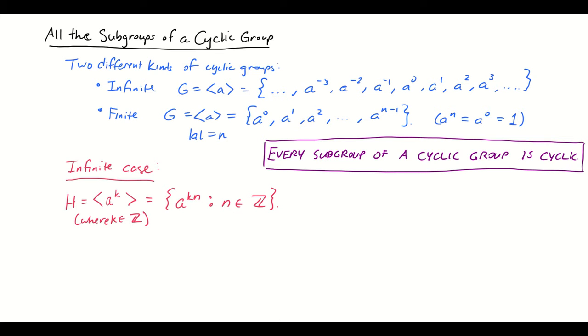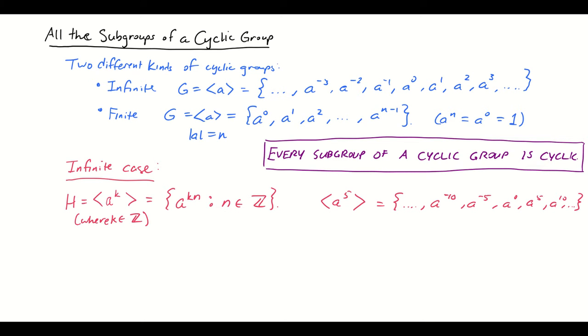And mostly these are different. The only time when these might be the same is if, for example, I take the subgroup generated by, say, A to the 5th, and I'm just picking the number 5 as an example. Well, that would be the subgroup consisting of all powers of A where the exponent's a multiple of 5. So I'd have like A to the minus 10, A to the minus 5, A to the 0, A to the 5, A to the 10, and so on.